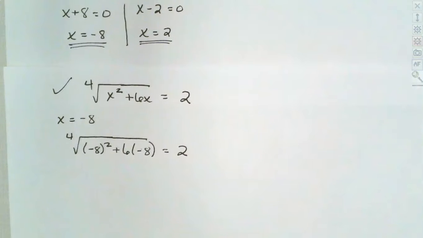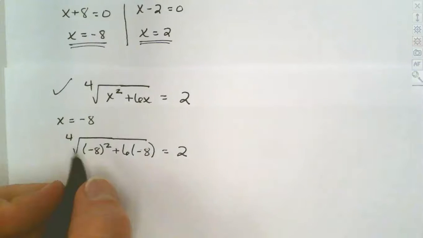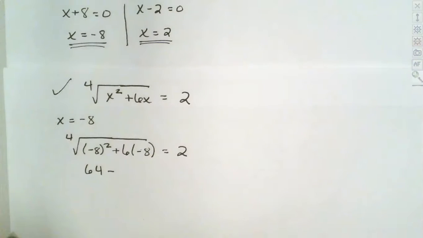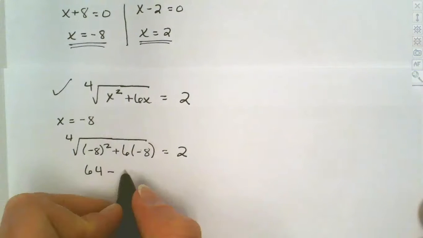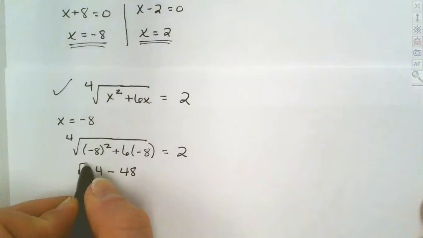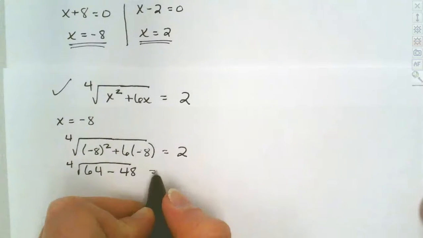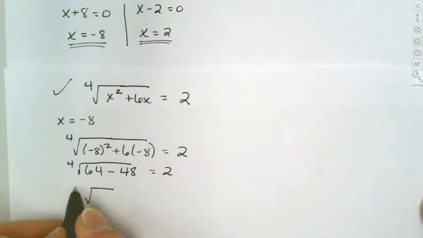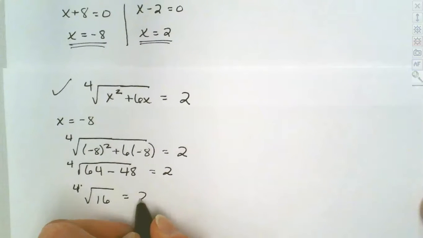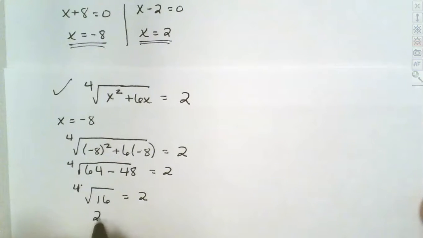Well, 8 squared is 64. And 6 times 8, that's 48. And 64 minus 48, well, that's 16. And the fourth root of 16 is 2, so it works.